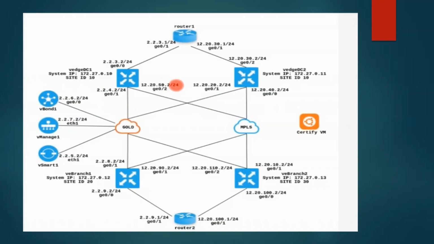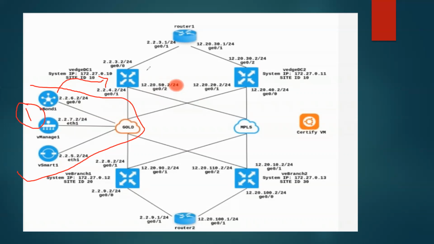While building your lab, what is the first step? You know that step number one is to go and build your cloud, or build your controllers, either over cloud or on-prem. Step number two is to bring up your data plane devices such as vEdge or cEdge.